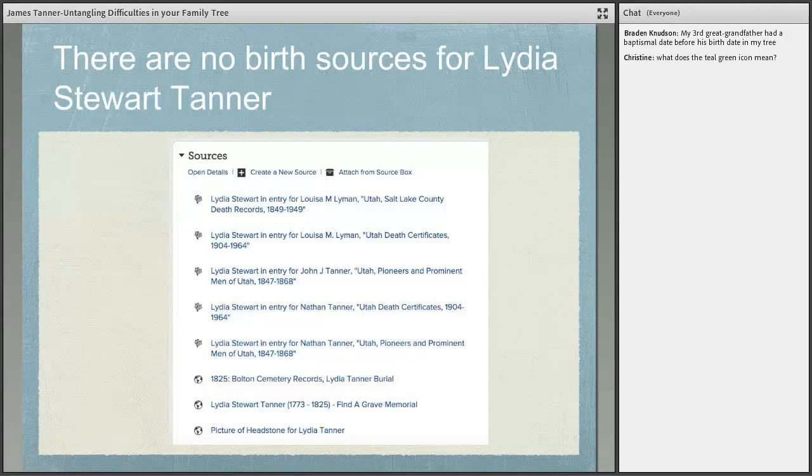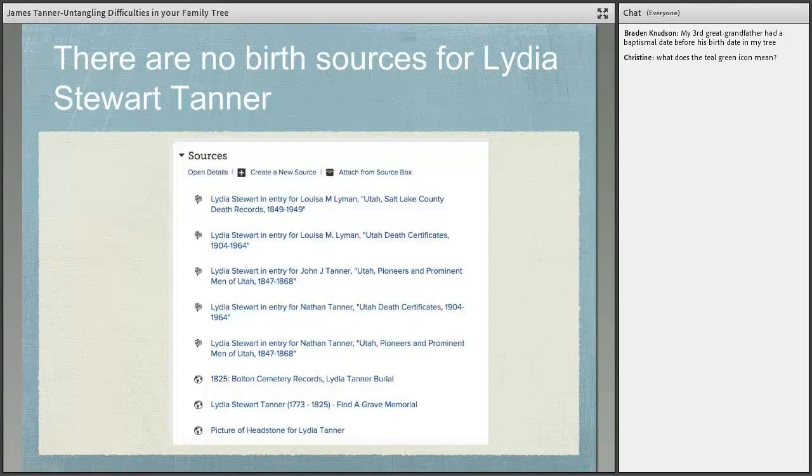There are a lot of sources here, all of which talk about her arrival in Utah or her death in Utah, but they don't talk about her birth, christening, or any other records that substantiate who she was or where she was born.